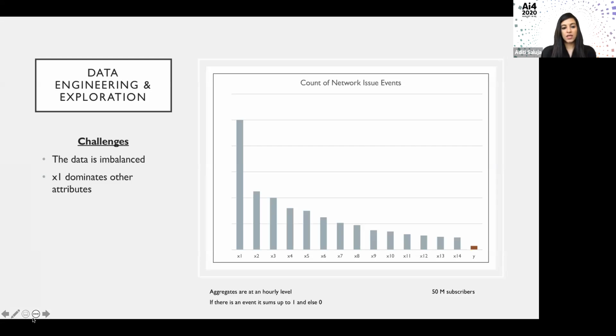The other thing is that X1 is twice as large as the second largest variable. That means X1 is overpowering all the other attributes. If this is how I feed my model, then my model is going to be a little biased towards X1, and this is something that I don't really want.